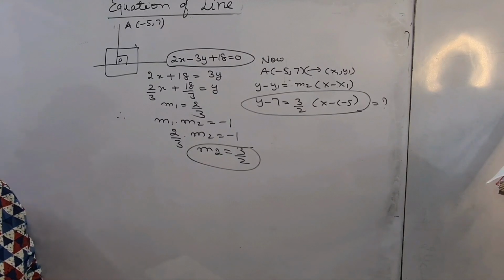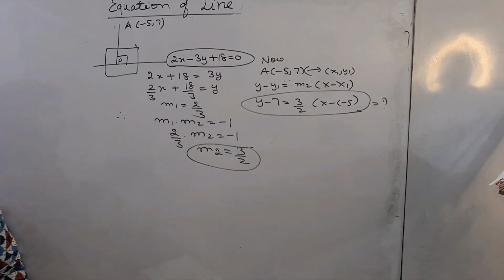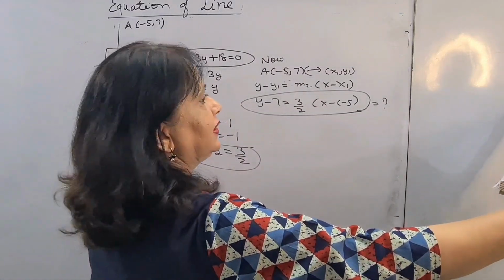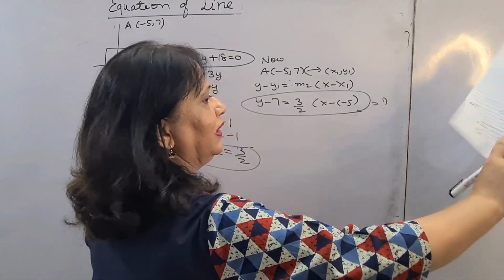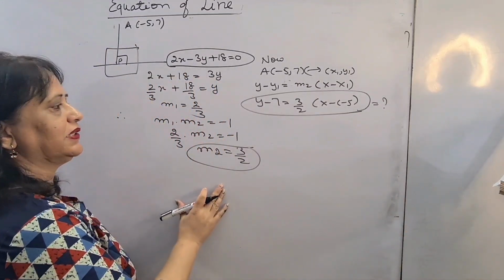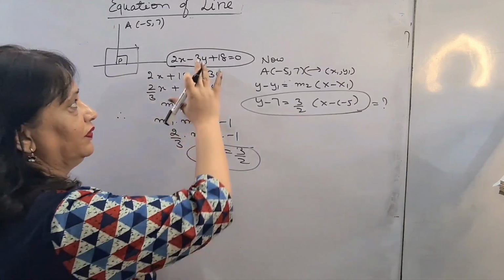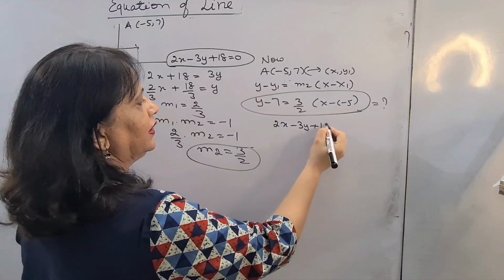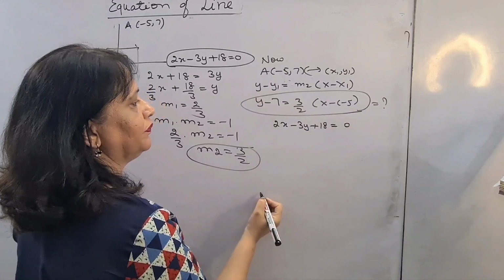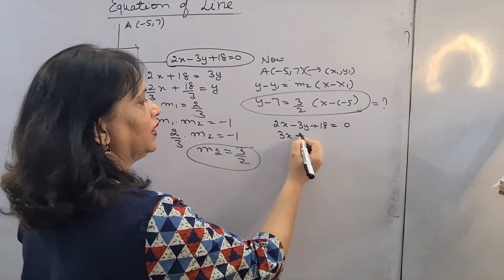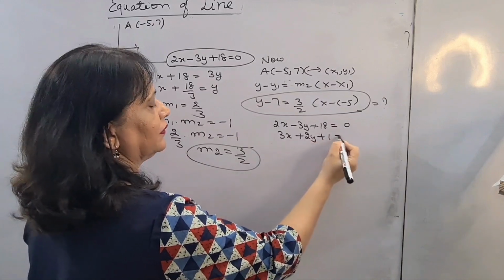The second part to be discussed, the coordinates of P. I have to find the coordinates of P. See, coordinates of P means I have to solve the given equation, that is 2x minus 3y plus 18. This was given to me and I found the equation 3x plus 2y plus 1.